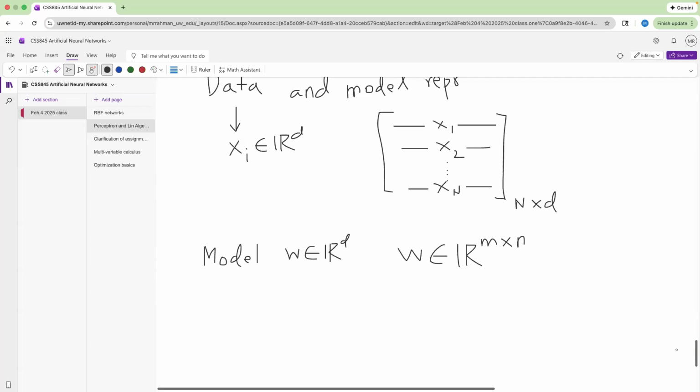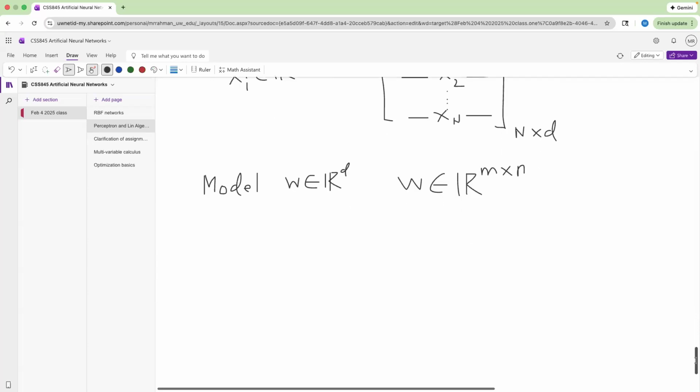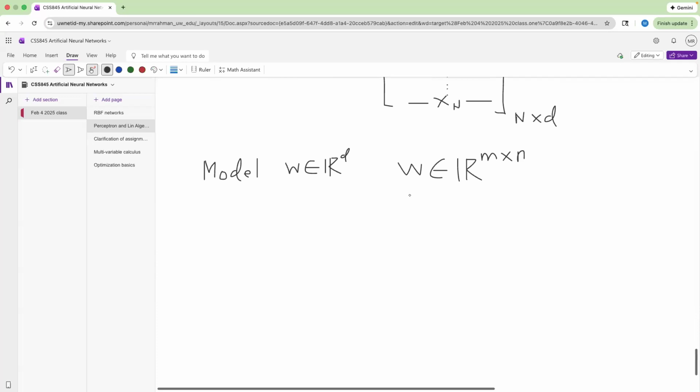And that's what we'll see in neural networks: at every layer of the neural network, you have a weight matrix. Hopefully this is mostly just a refresher for you.